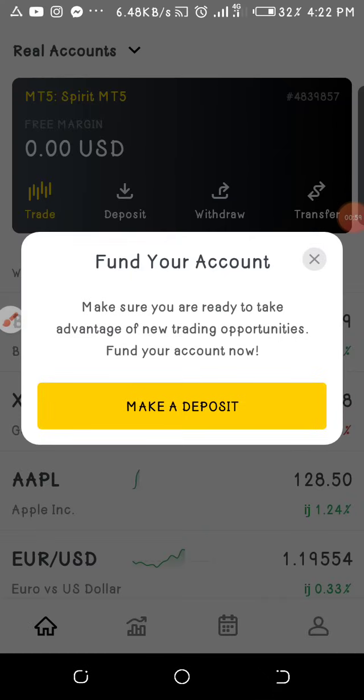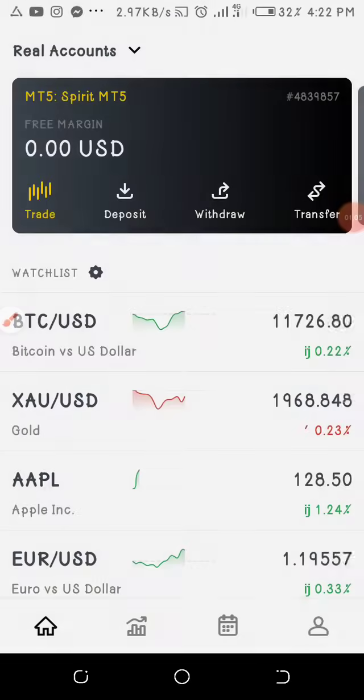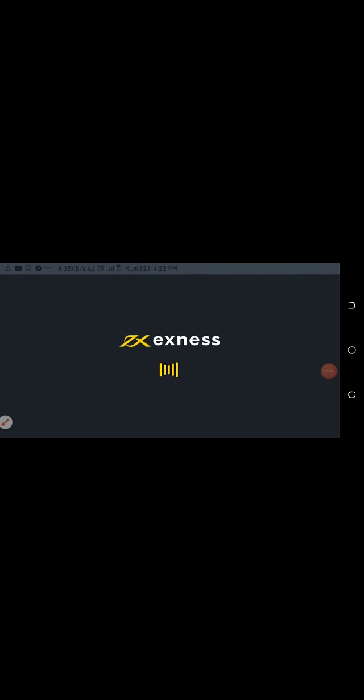Just click this escape sign. Is it escape or times? Click it. Once you click it, it will automatically take you to the trading platform. Just watch and see. This is it. So it's quite the same, but we prefer to use MetaTrader 4.